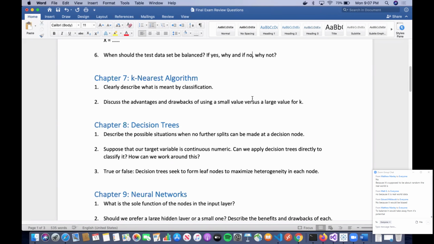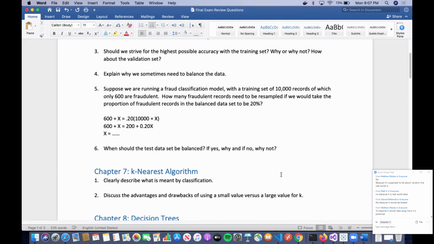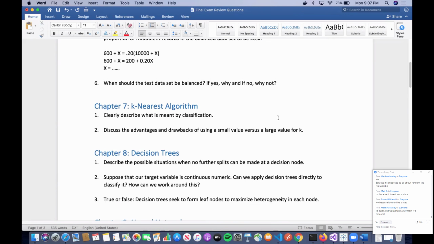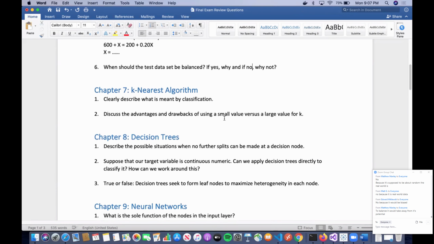Then that will be chapter 6. These are the areas that you should focus on in chapter 6. Then chapter 7 would be about the k-nearest algorithm. It says clearly describe what's meant by classification.